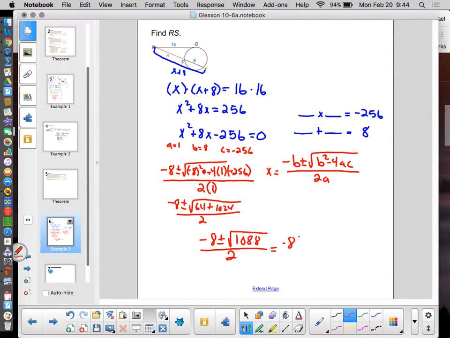Or negative 8, when I simplify the square root of 1088, that gives me 2 root 272, or 4 root 68. So 1088 divided by 64 is 17.